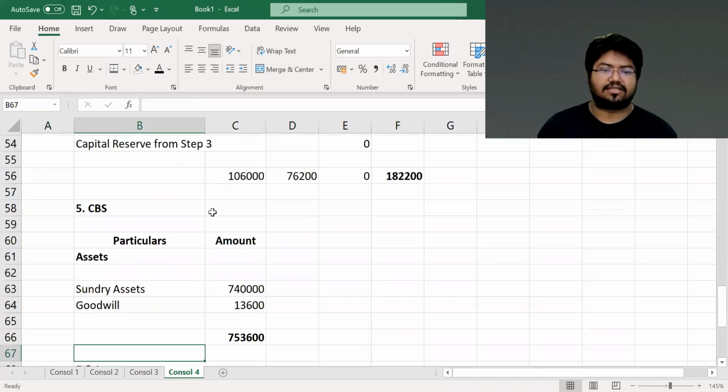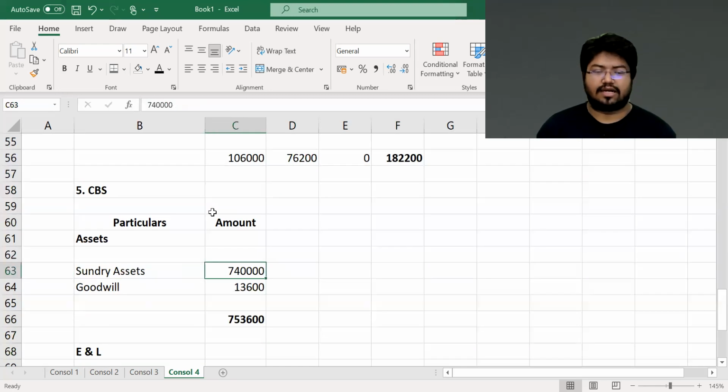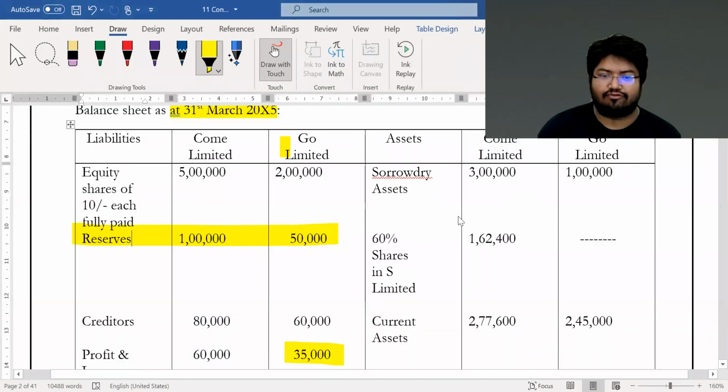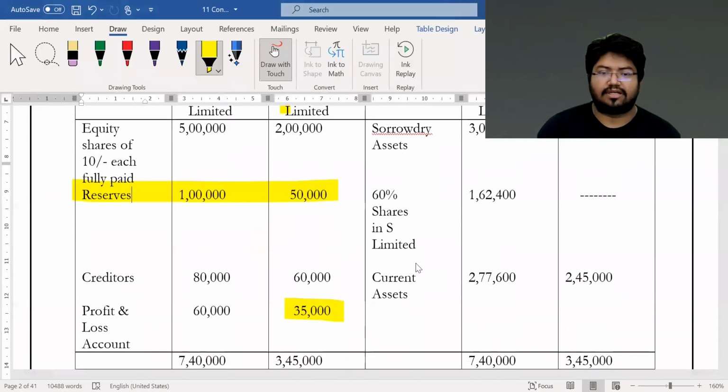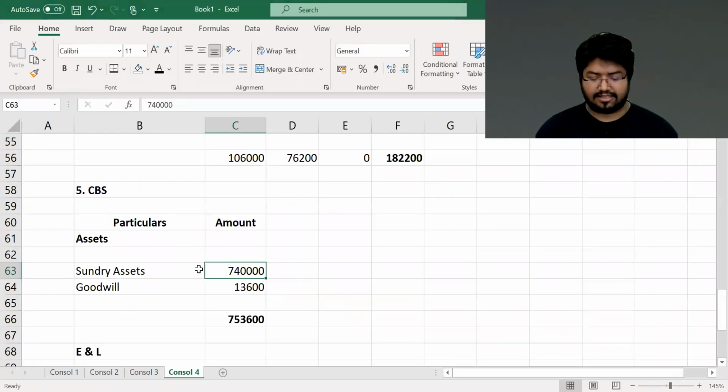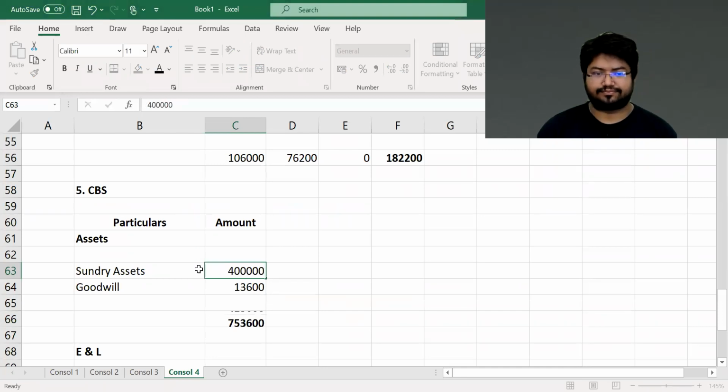Step 5, CBS. So sundry assets, please see what all assets we have there. It is 3 lakhs and 1 lakh, 4 lakhs. Apart from that, we have got a goodwill we have taken there. Current assets is 2,77,600 and 2,45,000. So sundry assets is 4 lakhs.